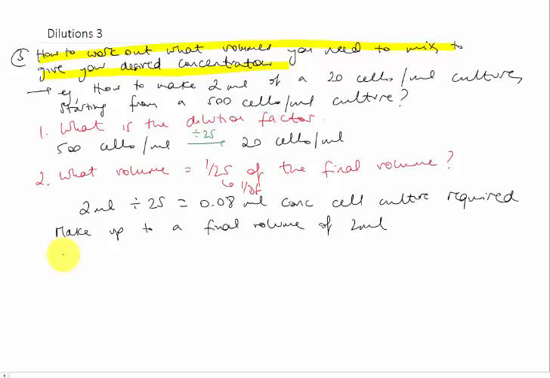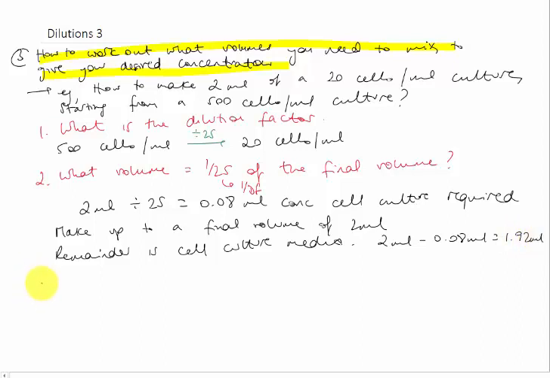In this case the remainder is the diluent, so probably buffer or media. So that's 2 mils minus 0.08 mils, which is 1.92 mils.